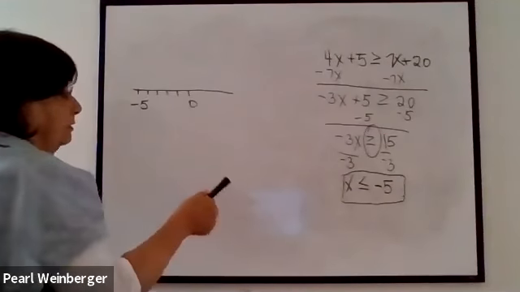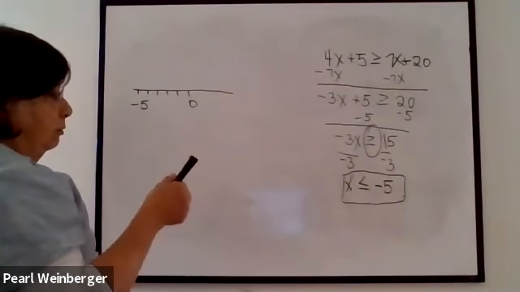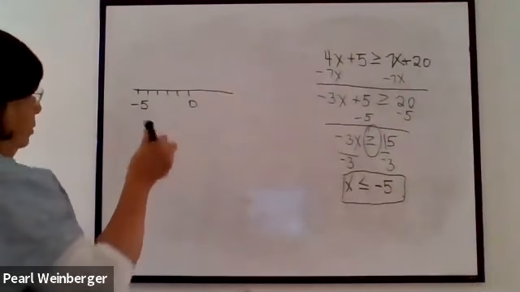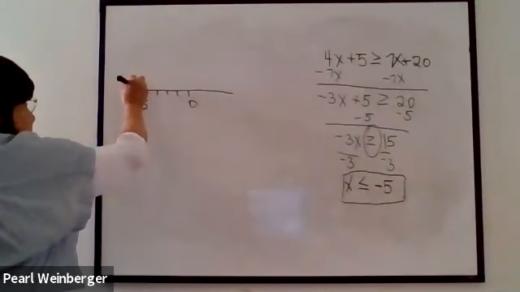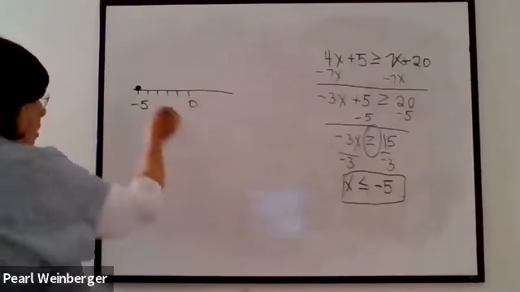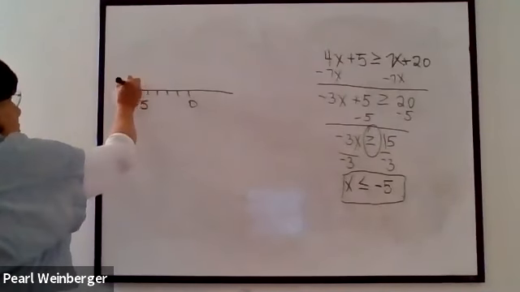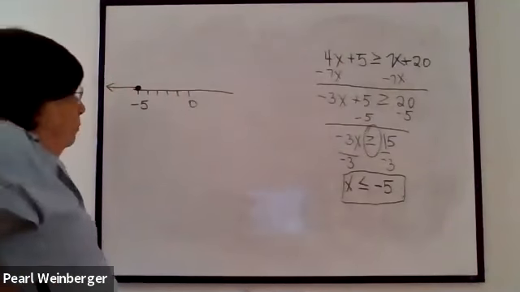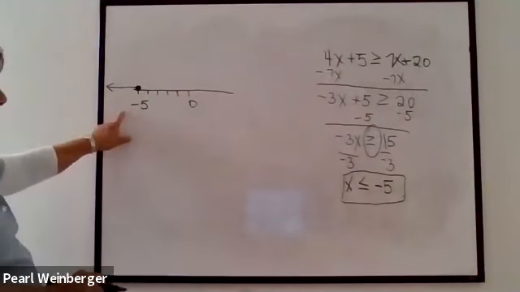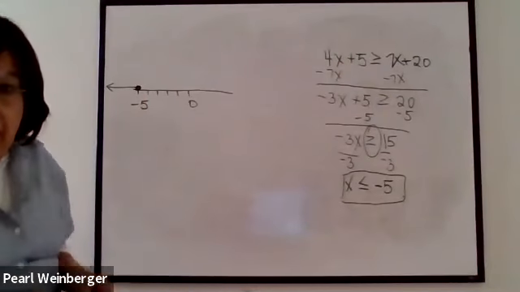It says x is less than or equal to -5, which means I put a filled in circle at -5, and my arrow has to go to the left. And that would be the number line solution of that inequality.